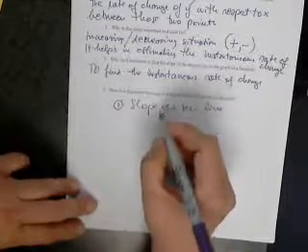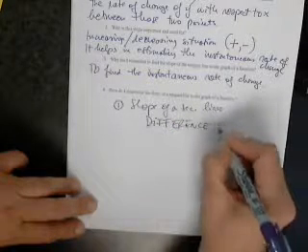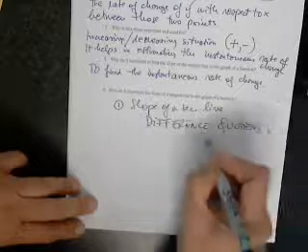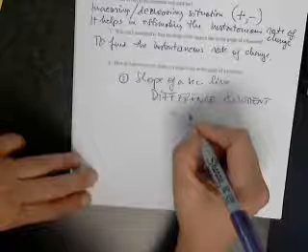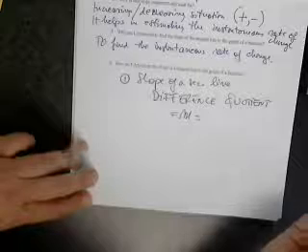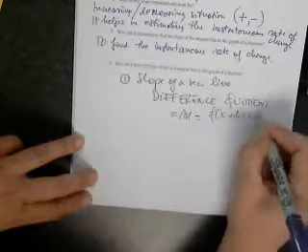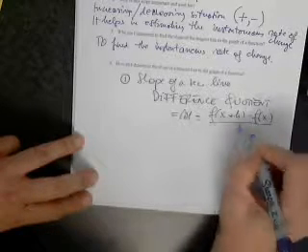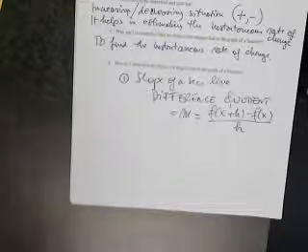It's called the difference quotient, which equals m equals f of x plus h minus f of x over h. So this is the first step towards finding the instantaneous velocity or the slope of the tangent line to the graph of a function at a particular point.